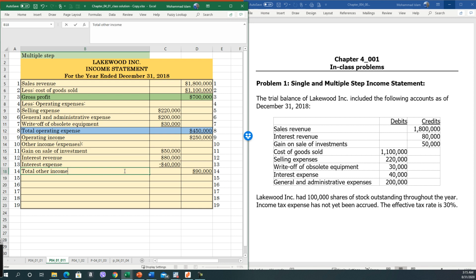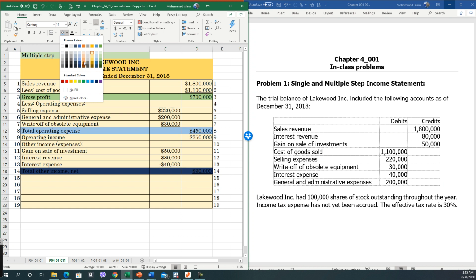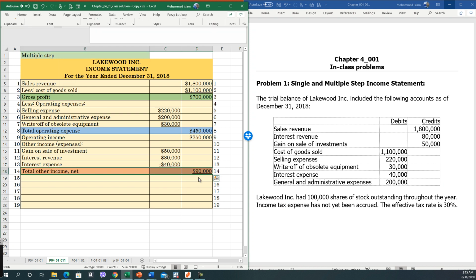other income net. It means that we have subtracted the expenses from the other income, so that is why it is net. After adding the total other income, we have the income before income taxes.